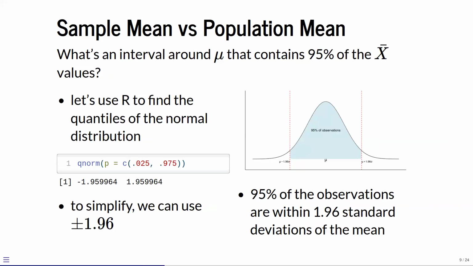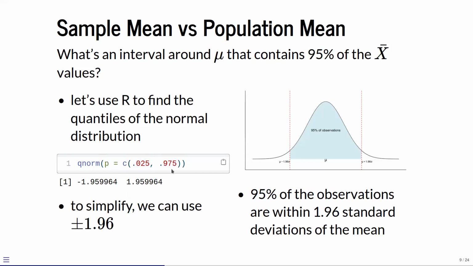So now we ask the question: what is an interval around the population mean that contains 95% of the sample means, i.e. the X bar values? We can use R to find the quantiles of the normal distribution that contain 95% of the values.